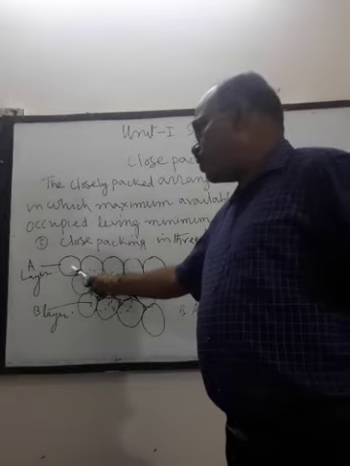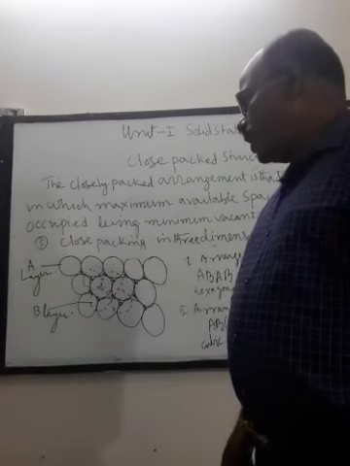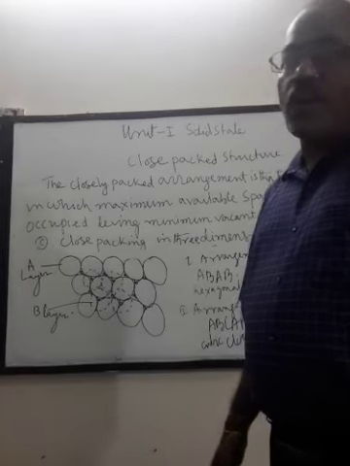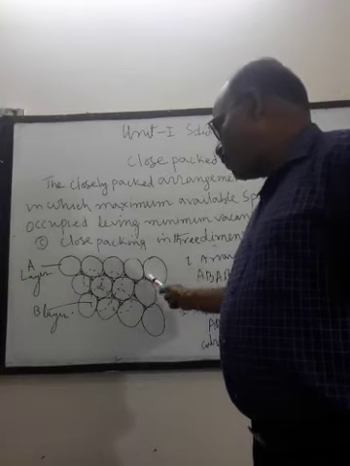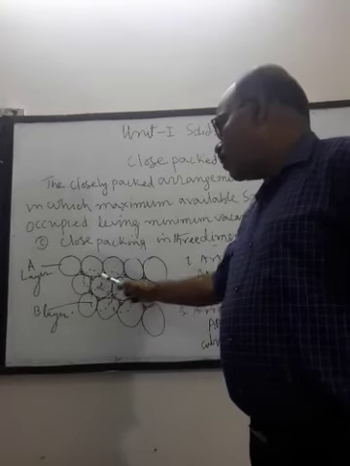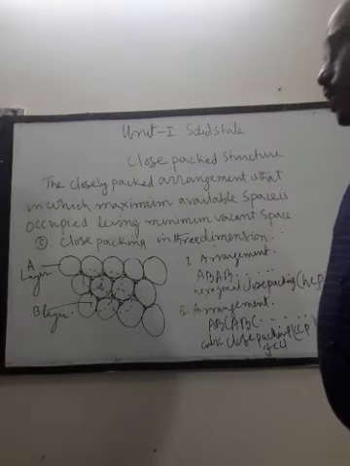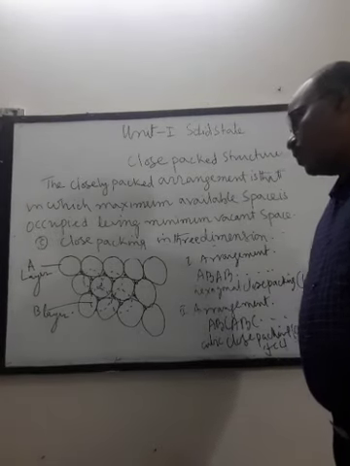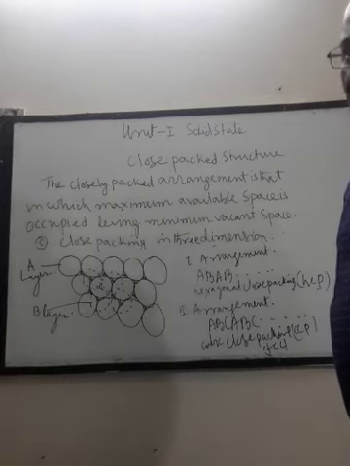So this layer or bottom layer is called the A layer. Now in the A layer there are two types of voids or holes. One is A type of void, the other is called B type of void. Now the second layer may be placed in the original A void or in B void. So there are two options for placing the second layer.